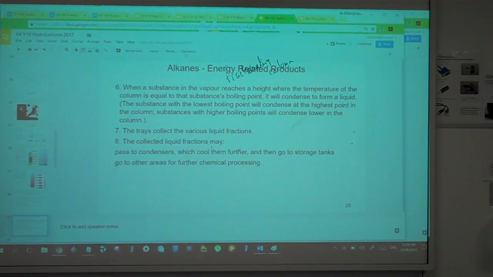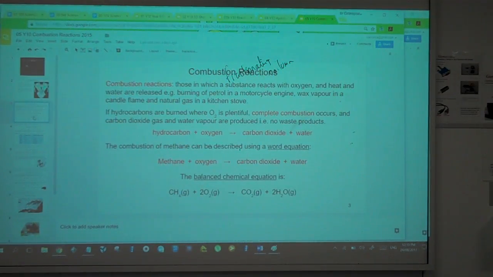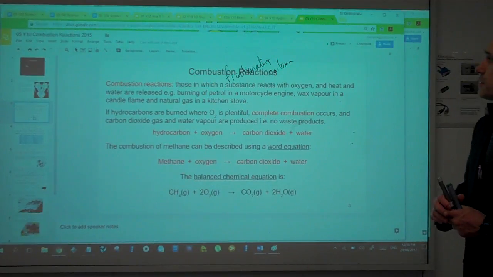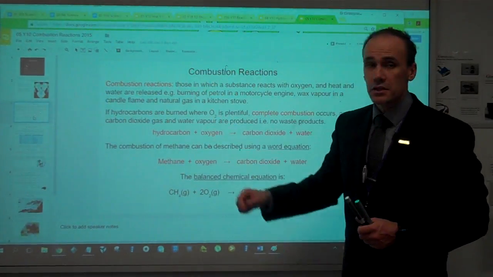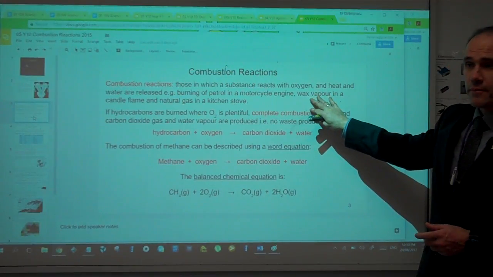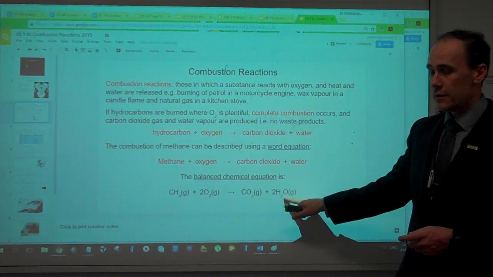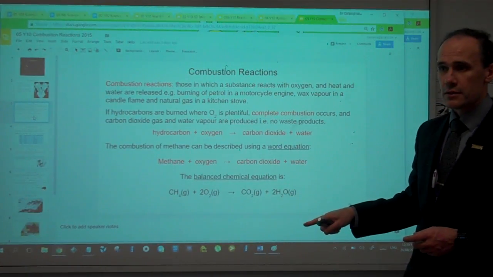And the last thing we do is combustion reactions. Long story short, you don't need to balance these, that will come later, but you need to recognise them.